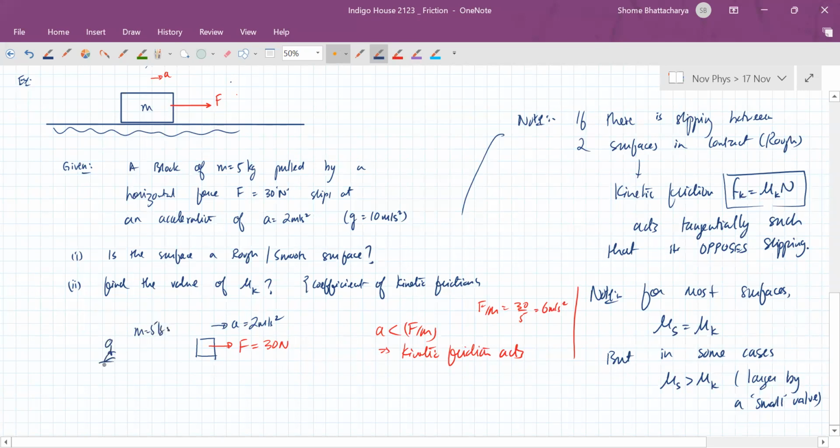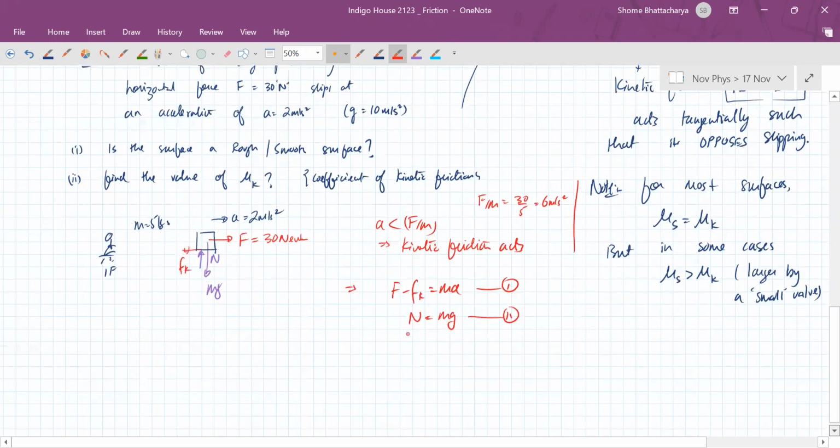I'm making this free body diagram in the inertial frame. So now I know that there is some kinetic friction acting. And I also know that the vertical forces are just 2 in number, normal reaction and mg. So I know from this information that F minus kinetic friction will be equal to m into a. That's my first equation. And normal reaction will balance mg. That's my second equation.